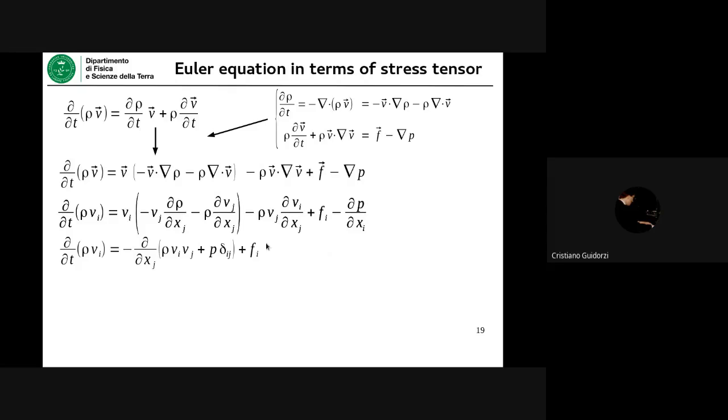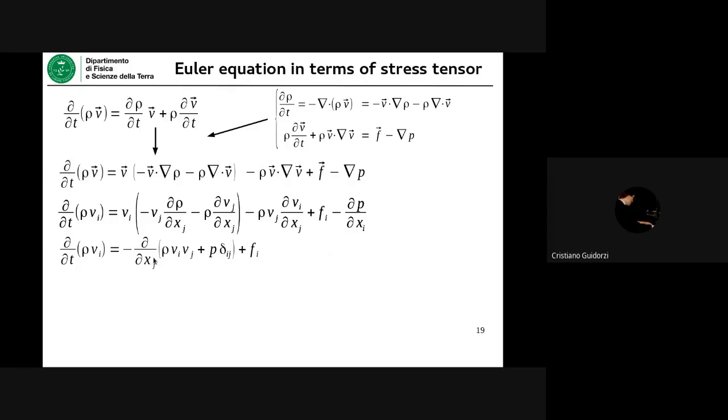Why is this writing so meaningful? Because now you see that here you have a vector, well, the ith component of a vector, and among brackets you have the divergence of something, because j is a summed index. You calculate the partial derivative with respect to xj, and then you sum up.